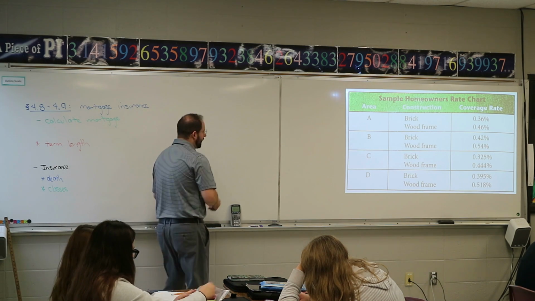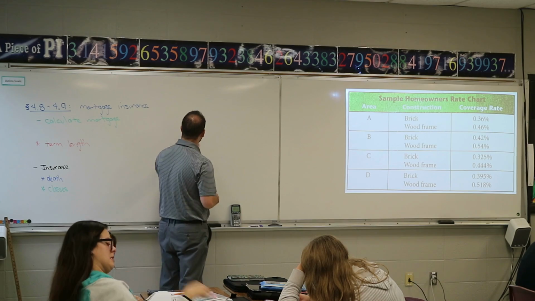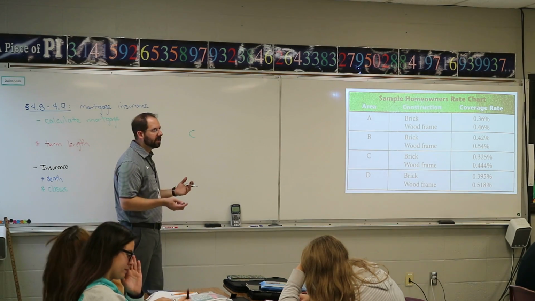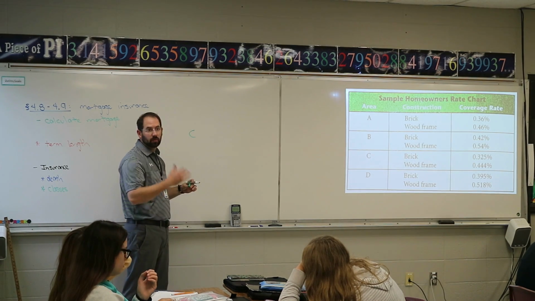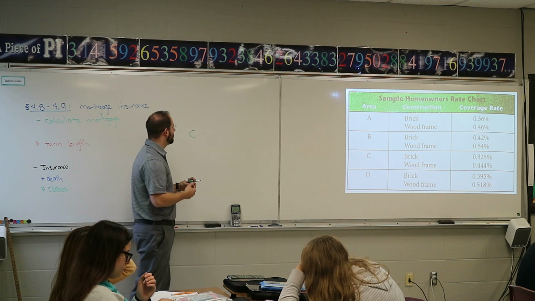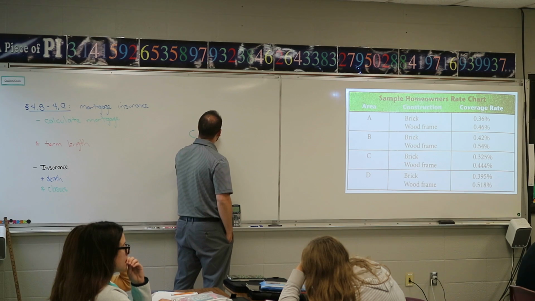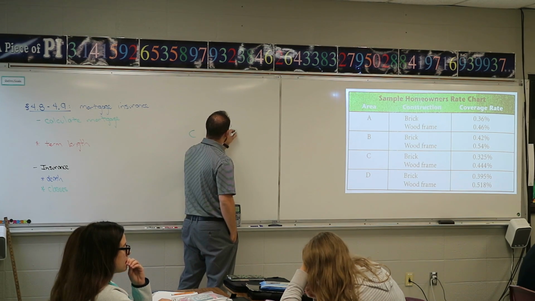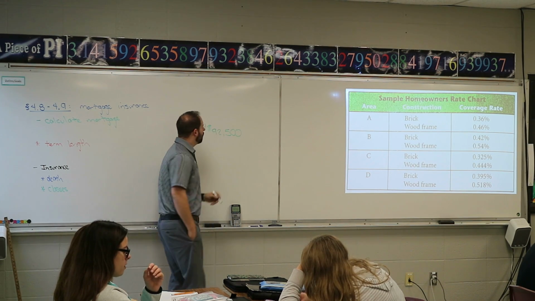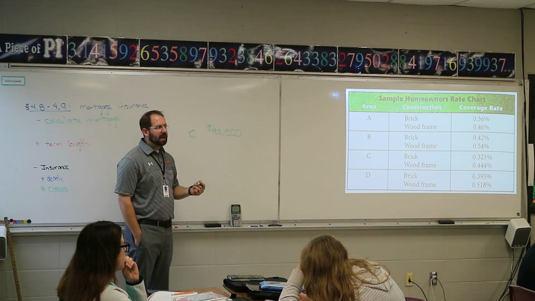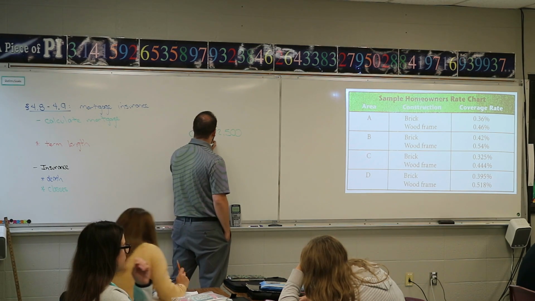So let's say you're living in a level C area where maybe you have to deal with tornadoes every now and then, where it's a regular occurrence. They know that you're going to have tornadoes in that area. So you're level C, and your home is a $92,500 home, the one home that we purchased earlier. And let's say it's a wood frame house.